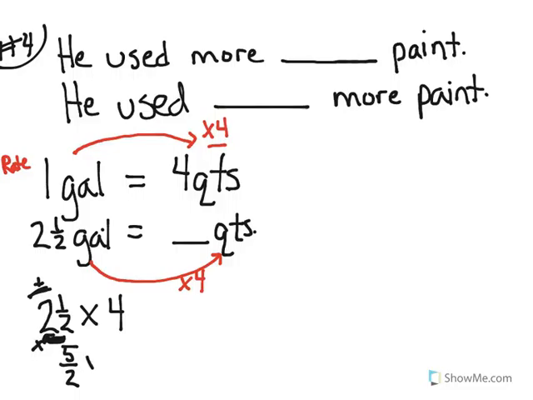So I'm multiplying 5 halves by 4 over 1. And that will tell me how many quarts of blue paint. So, cross divide, and I will end up with 10.